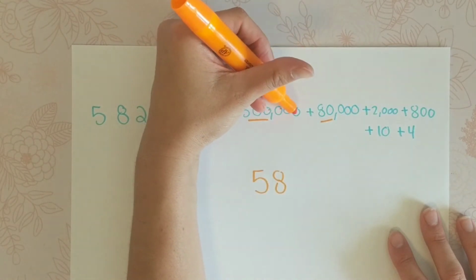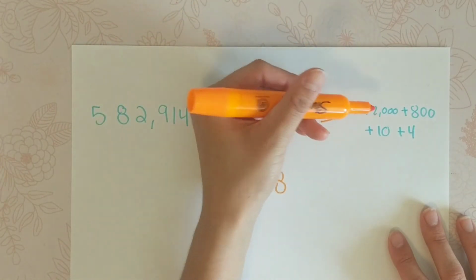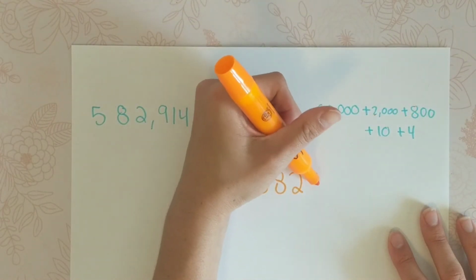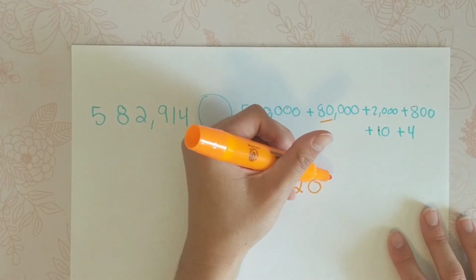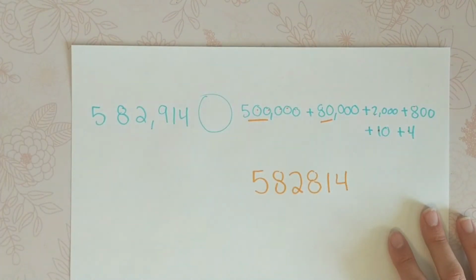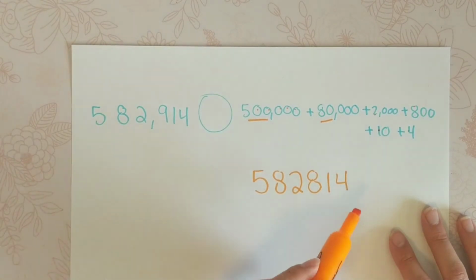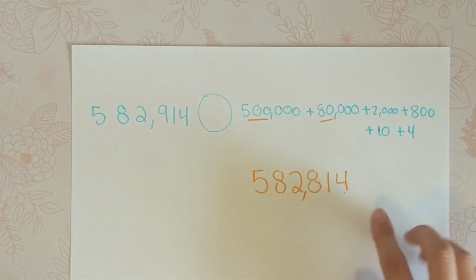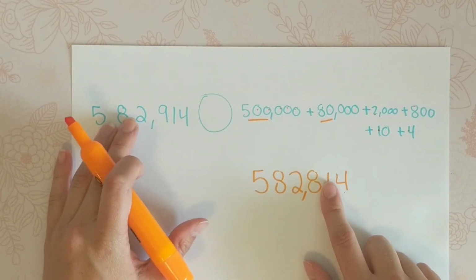We had 5 zeros, now 4 zeros. 2 in the thousands place. 8 in the hundreds place. A 1 in the tens place. A 4 in the ones place. So there's my number. And now you're just going to line them up like before. Put in your comma though. We always want to do that. 1, 2, 3, comma. How does this number compare to that number?